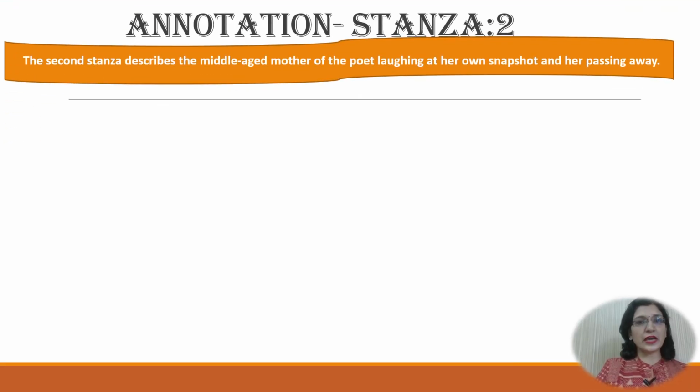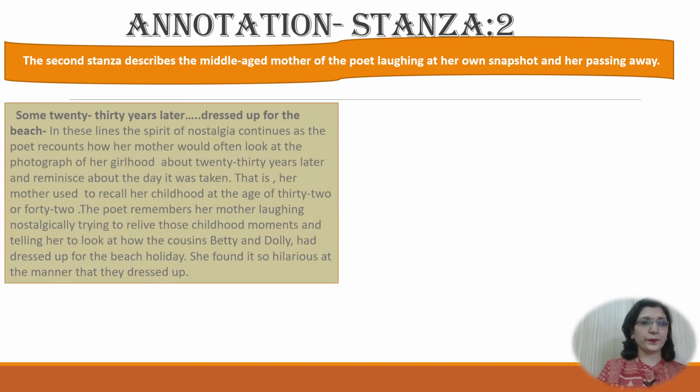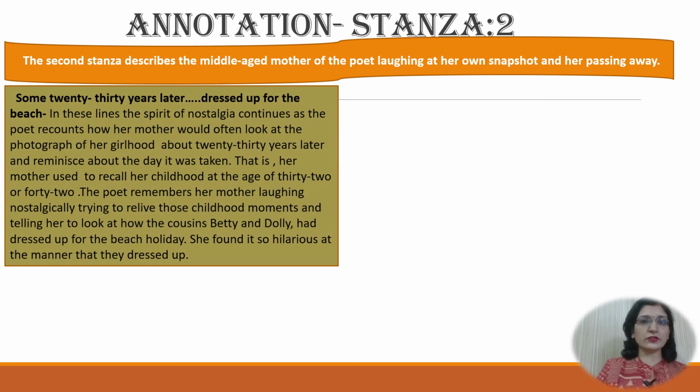The second stanza describes the middle-aged mother of the poet laughing at her own snapshot, and her passing away. In the first four lines of this stanza, the spirit of nostalgia continues as the poet recounts how her mother would often look at the photograph of her childhood about 20-30 years later, and recall the day it was taken.